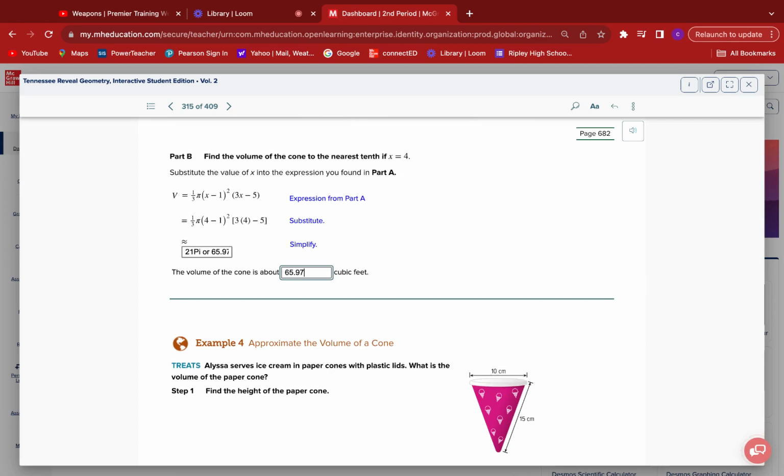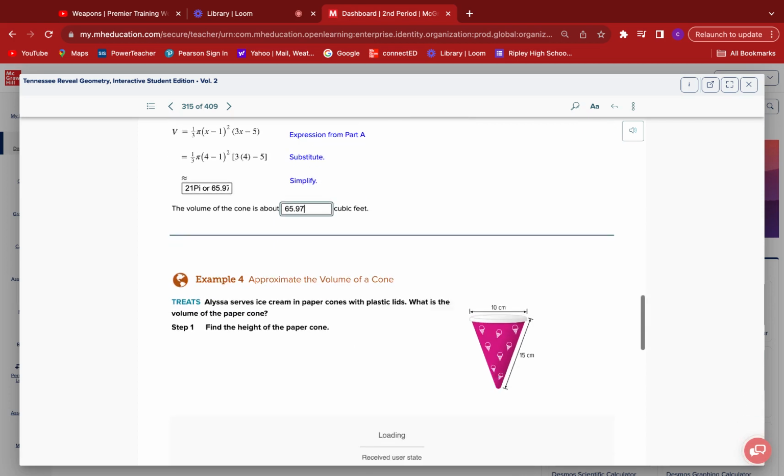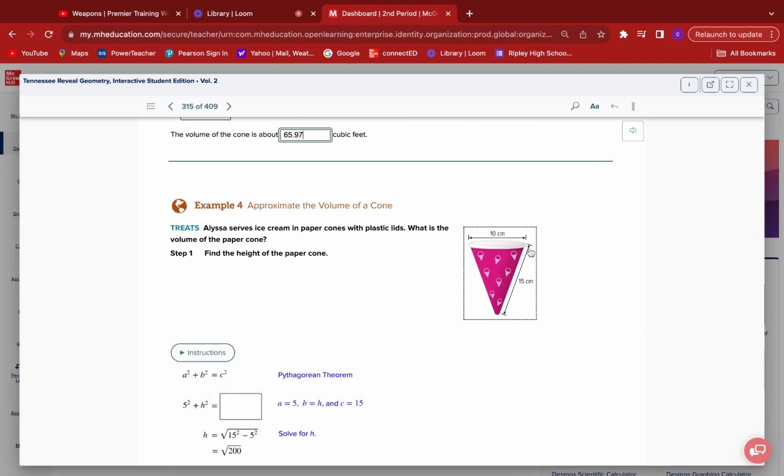Example number 4. All right, we got to find the volume of this cone, and there it is right there, Pythagorean theorem. We need to find the true height because 15 is the slant. And when I take a 10, because that's my diameter, and divide by 2 to get my radius, I get a 5.